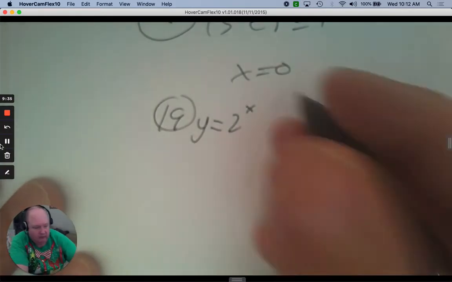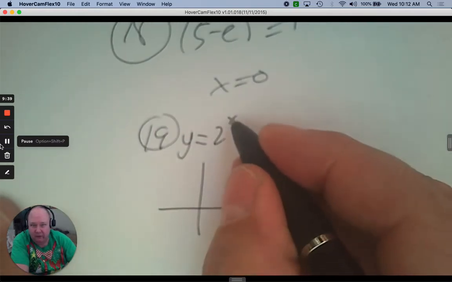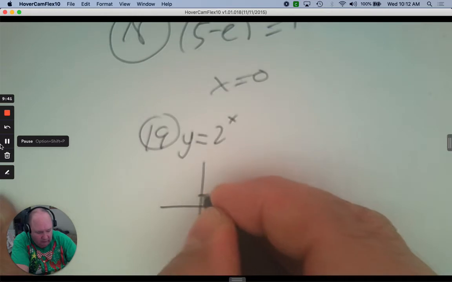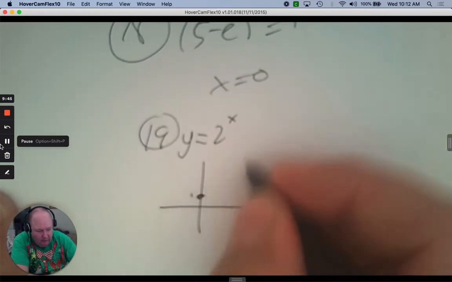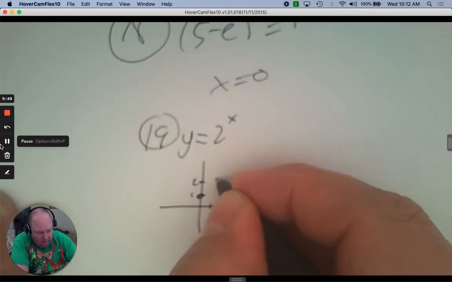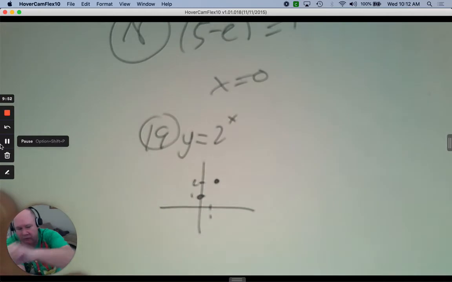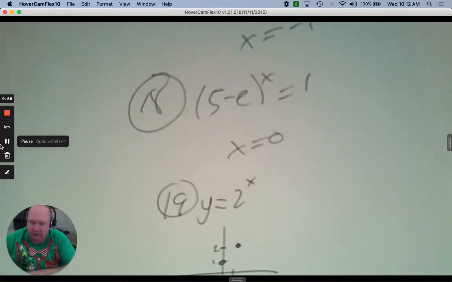So 2 points on this graph would be 0: 2 to the 0 is 1, so (0, 1) would be on this graph. And the other point would be if you plugged in positive 1, you get the answer 2. And then there's an asymptote. Let's see where that is.